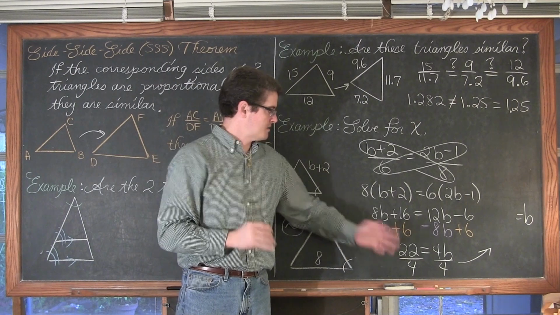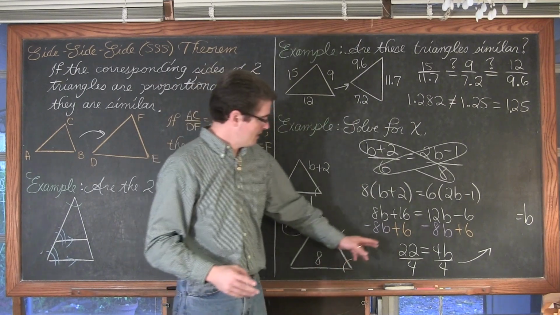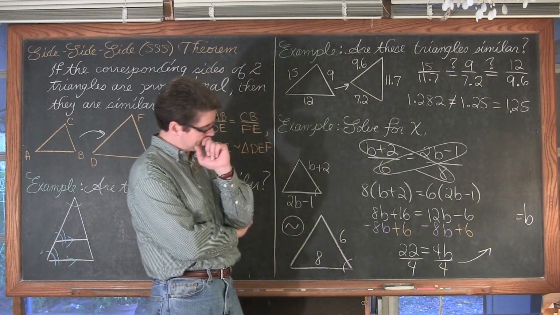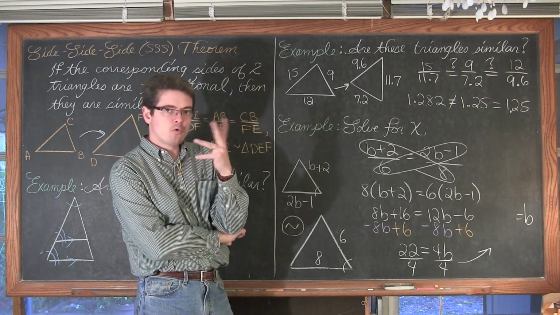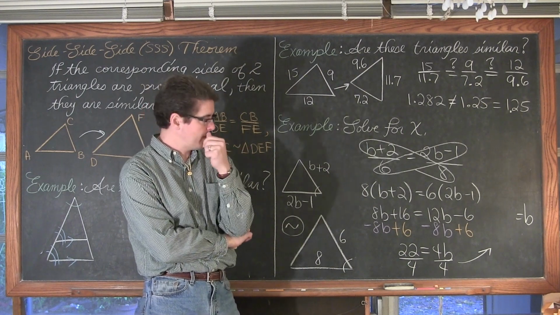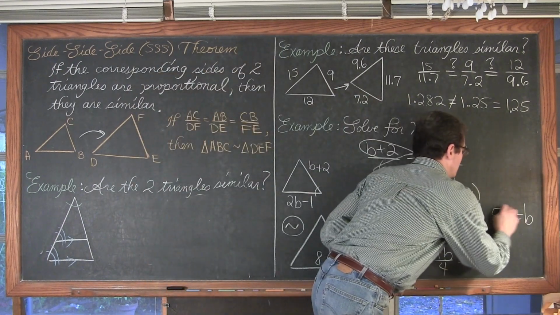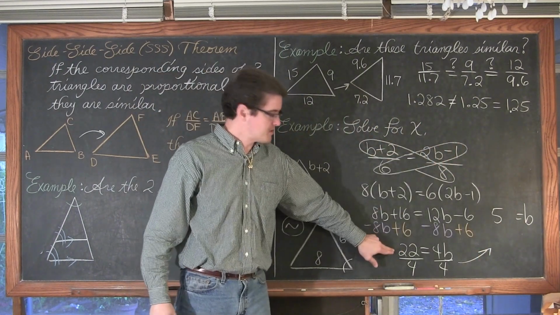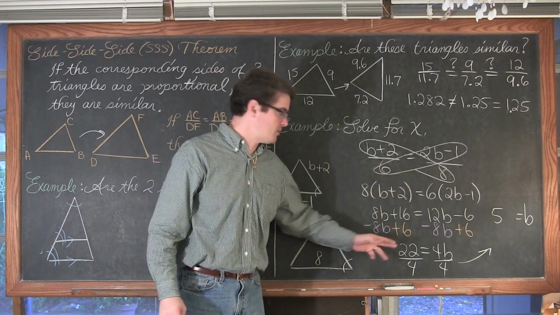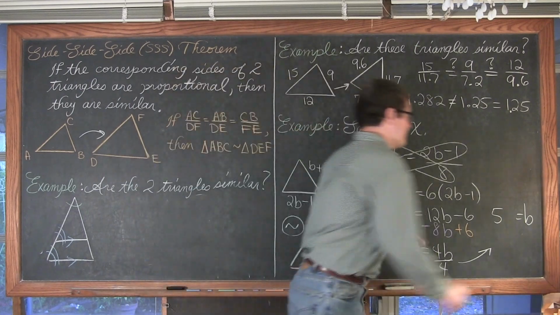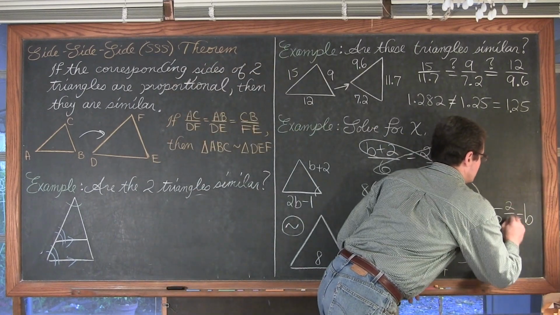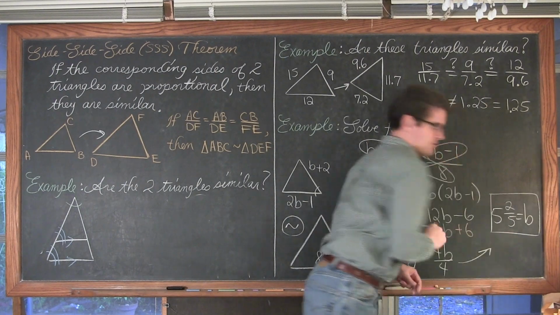So let's see here, how many whole 4s can we get into 22? Well, 4 times 5 is equal to 20. 20 out of 22 leaves a remainder of 2. So we have 5 and 2/5 is our final answer for b.